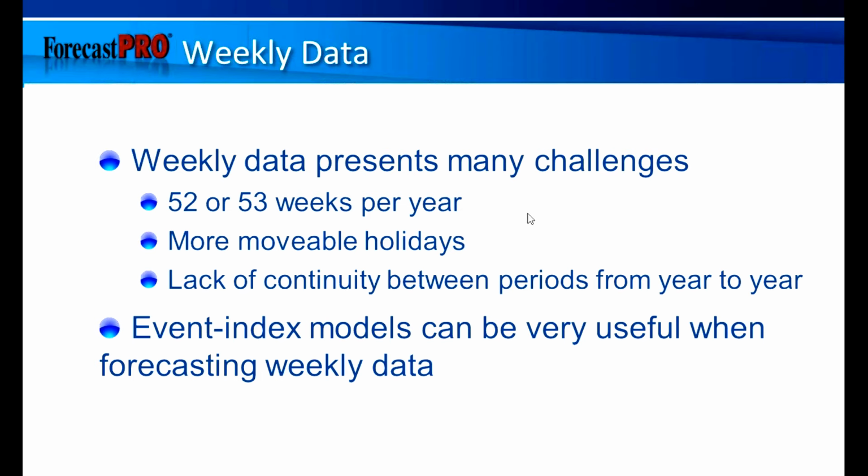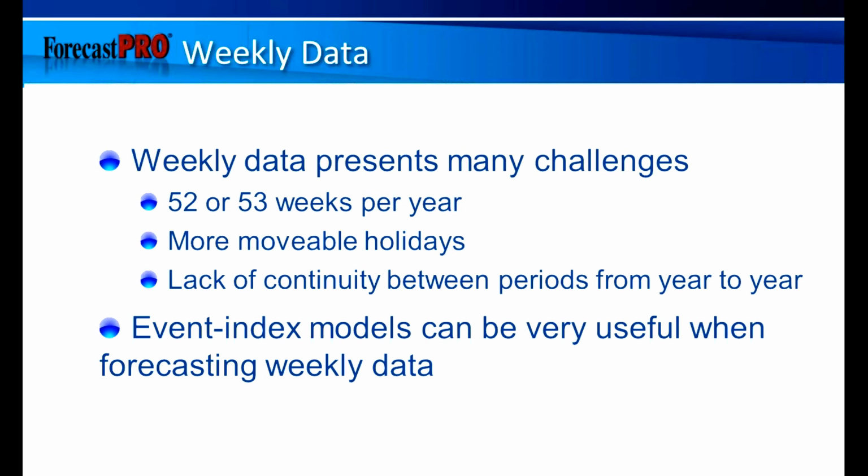But some of the more particular challenges of weekly data: the number of weeks in a year can be either 52 or 53. This can certainly cause problems. There are more movable holidays than what you have with monthly data. So while holidays certainly can move with monthly data, it does tend to be more stable. So yes, Easter can certainly move in monthly data, but the 4th of July is always in July.